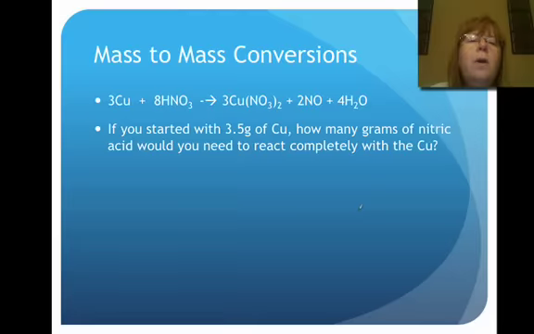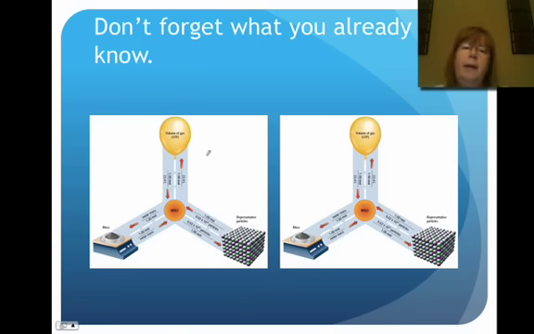Okay, so what we are doing, and I think this visual really helps me. We start off with something. We might start off with the volume of a gas, or we might start off with particles or a mass. The very first step you have to do is get to moles. And then we can go from moles of one thing to moles of something else using the mole to mole ratio from our balanced equation.